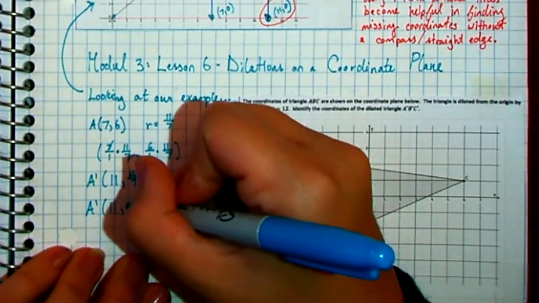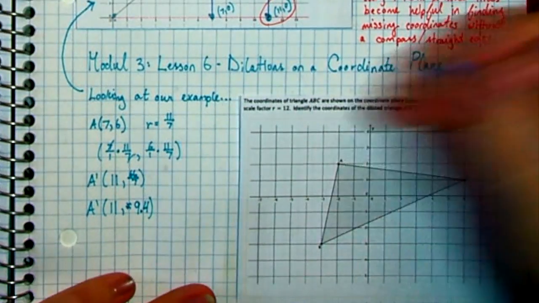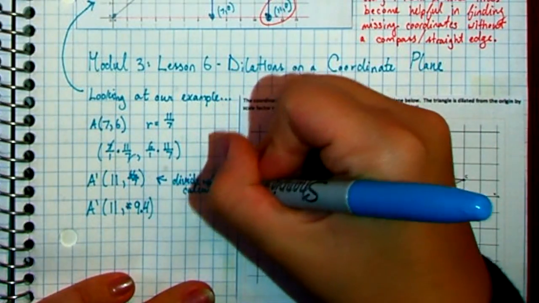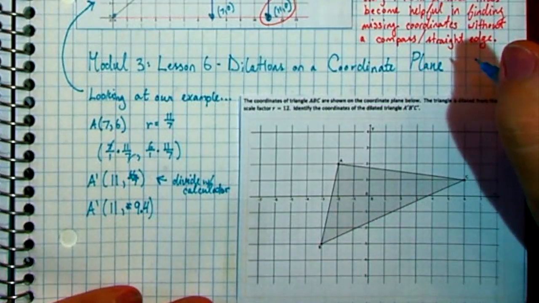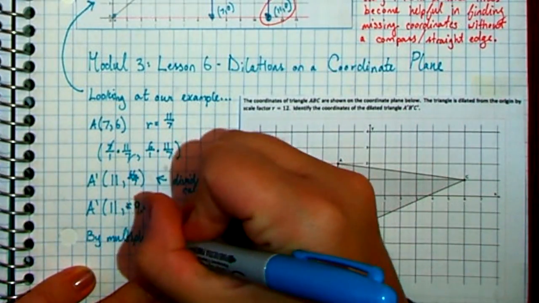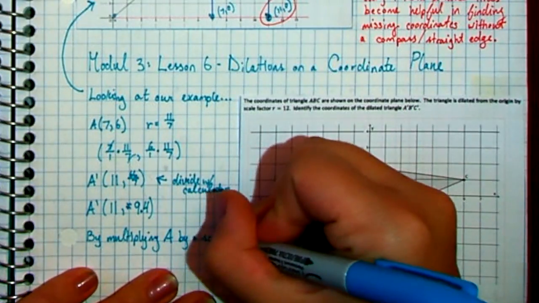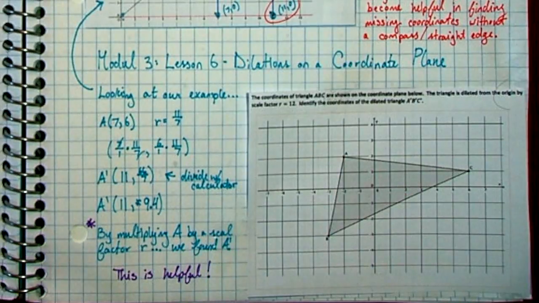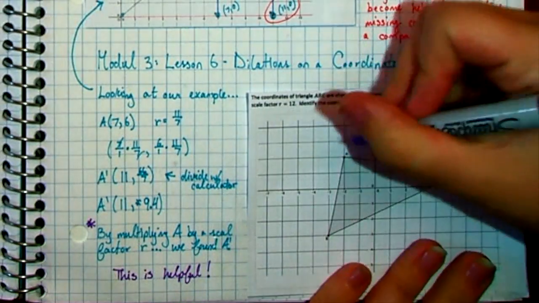And if I use my calculator, that's approximately 9.4. So by multiplying A by my scale factor, we found A prime. And that's much easier than trying to use a compass, especially with that Y value of 9.4. That would be really hard to be precise about with a compass and a straight edge.